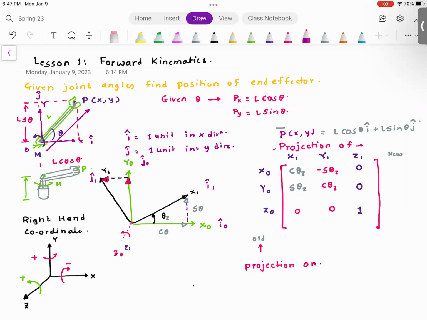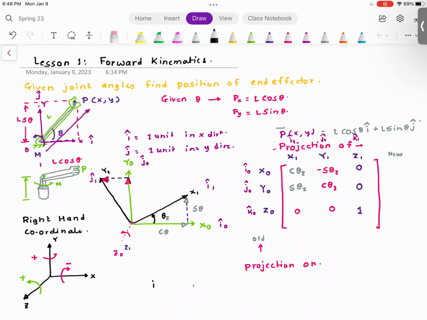So I will assign the same coordinate systems here: i naught, j naught, k naught. Again, I will assign the same thing: i1, j1, k1. And how do we do it?